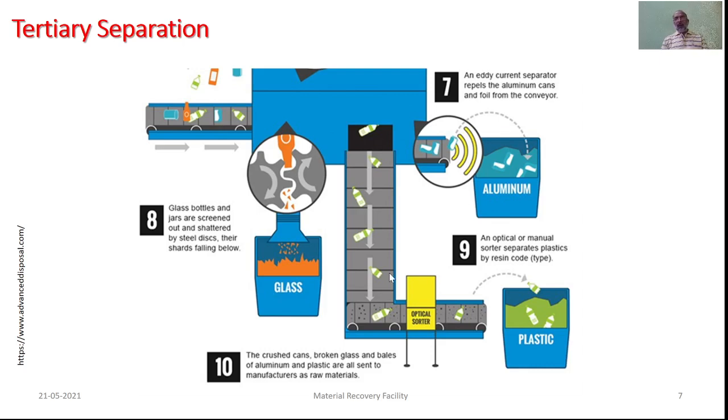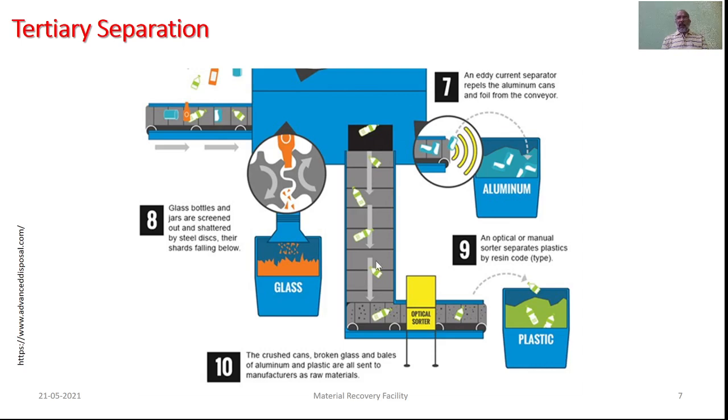Also, again certain optical or manual intervention can be had in order to separate the plastics as well as certain, say, grades of plastic according to their resin code. I hope you remember that in the last presentation we had discussed the 7 categories of plastic.